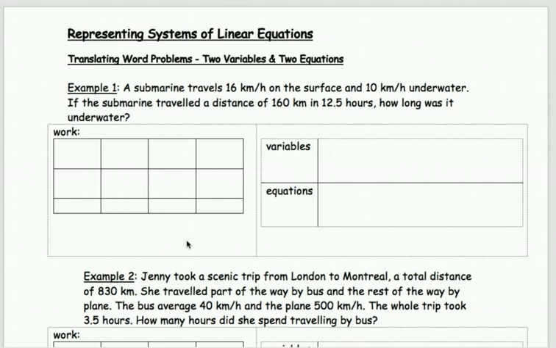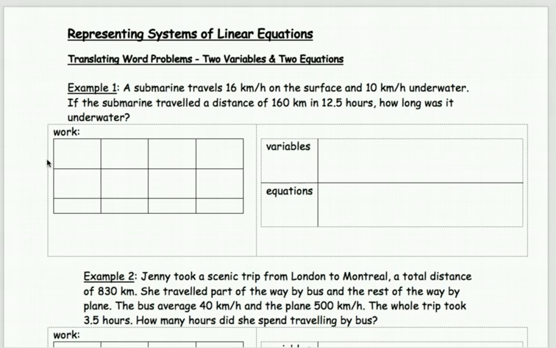Okay, it asks for how long it was underwater for, but there are a couple scenarios here. There's when it's at the surface as well. So let's just approach this question like we have to find both, and then when you do your therefore statement, you just state the underwater time.